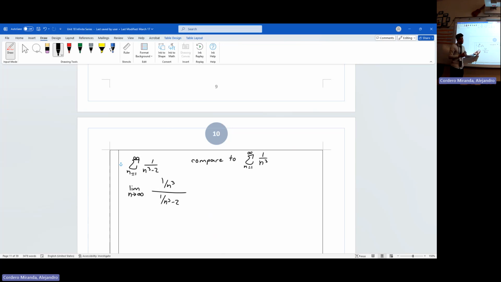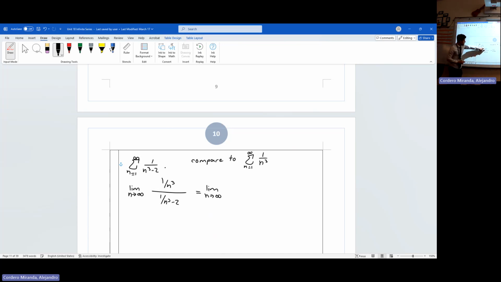Okay, and then you take this limit. Well, let me check. Yeah, actually that would work. You could do L'Hopital's rule, but you would have to do it 3 times, and that might be annoying. Or you can just flip it. Yeah, exactly. I would simplify this, make it one big fraction, things will cancel, and it's easy to take that limit. So this would be the limit as n goes to infinity.